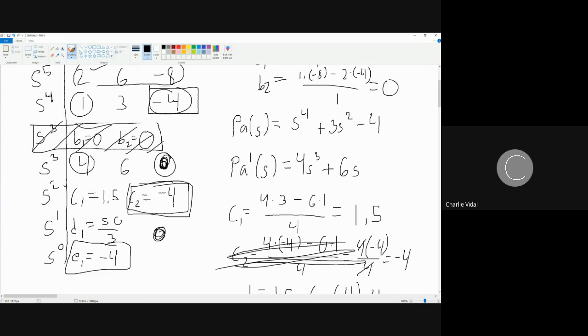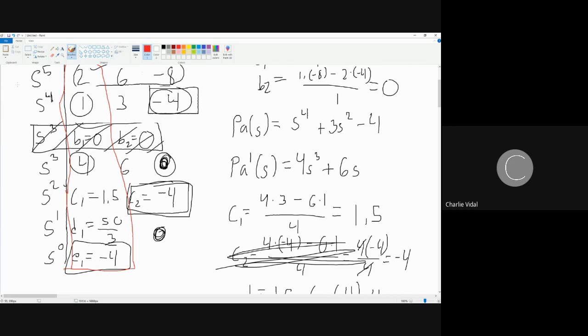When you look at the sign changes, you're looking at only the first number in each row. So you just go down with all of these numbers over here and look at what their signs are.